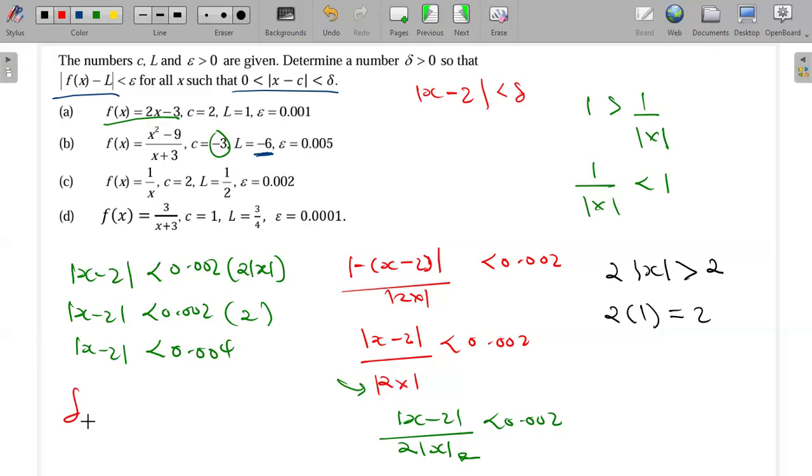We say delta is going to be the minimum between the 1 and this one which we found, because you have x minus 2 here, less than what we found, and then less than the delta. So you choose what is less here. Between 1 and the answer which you found, which one is small? The 0.004 is the small one. So this is going to be your delta, and that's how you find this one.